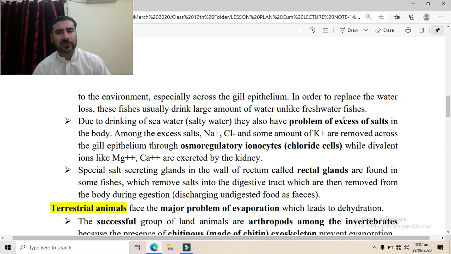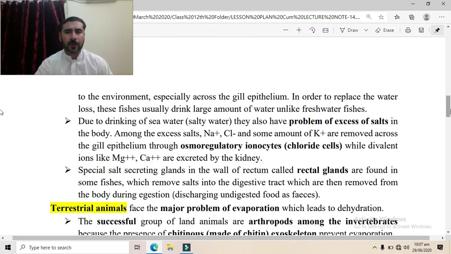These are monovalent ions. For divalent ions, for example magnesium and calcium, they use their kidneys. They remove these extra divalent ions through urine formation. In the urine, a large amount of these divalent ions is removed. So this is the adaptation to remove the excess salt from the body.